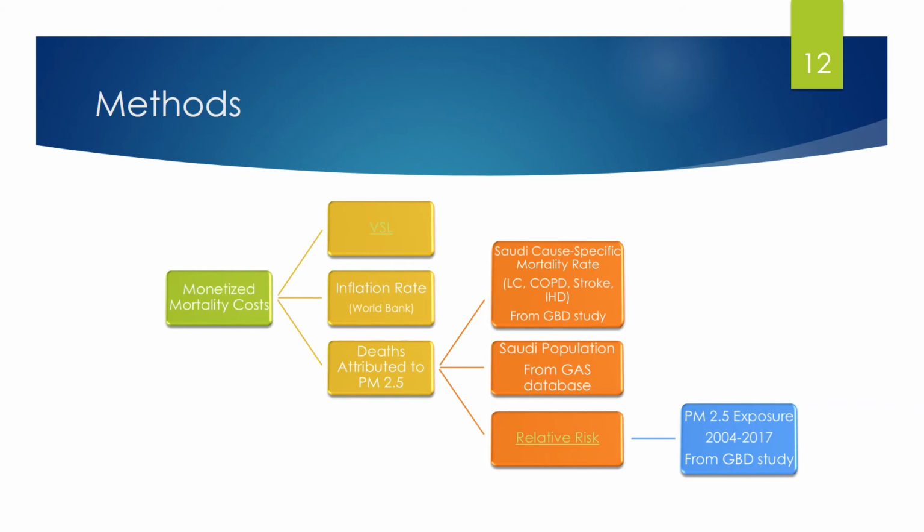This leaves us with the last input, which is the level of exposure that Saudi Arabia has had from 2004 to 2017. It's worthy to mention that we've chosen those years in particular because 2004 was the first modern national census in Saudi Arabia to establish the population level, and at the same time, we had the level of PM2.5 exposure readily available.